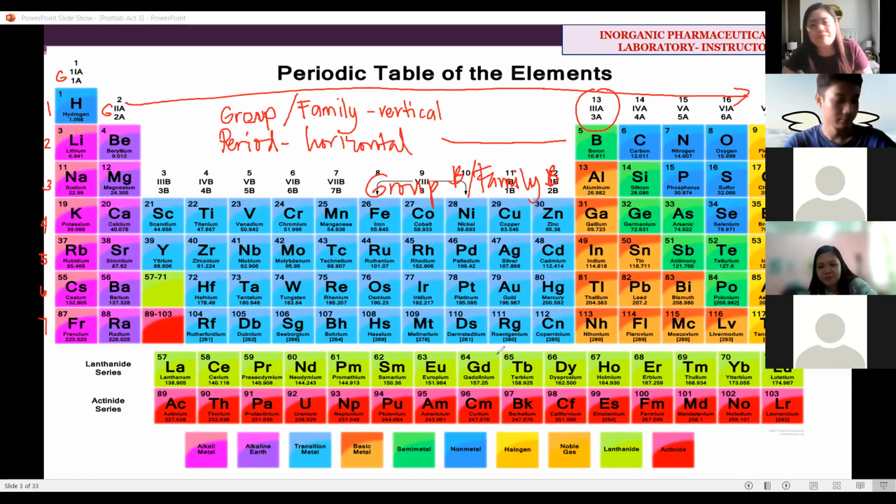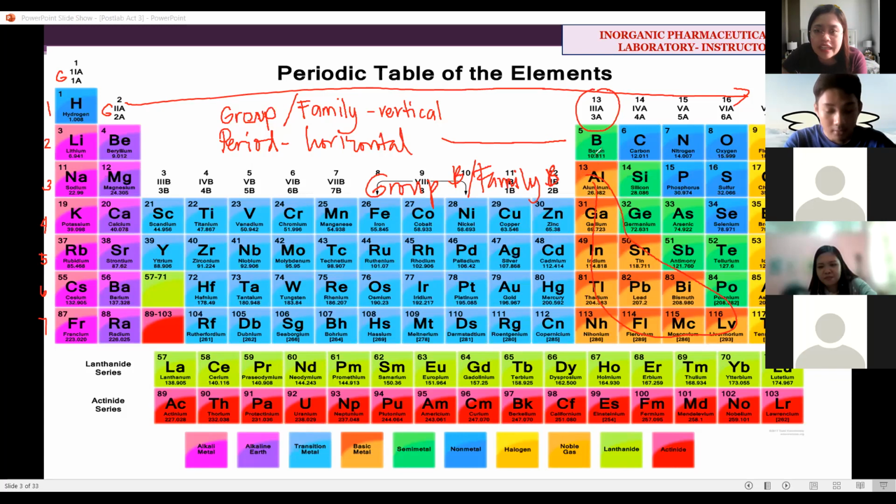Okay? And then this one is color orange here. They are basic metals. So definitely, class, they are still considered metals, but they are basic metals.